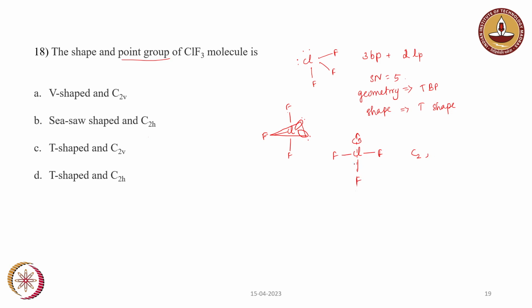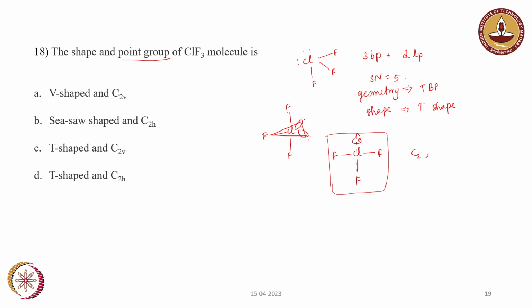Sigma v means a mirror plane passing through the C2 axis, and we can place another plane along this screen.